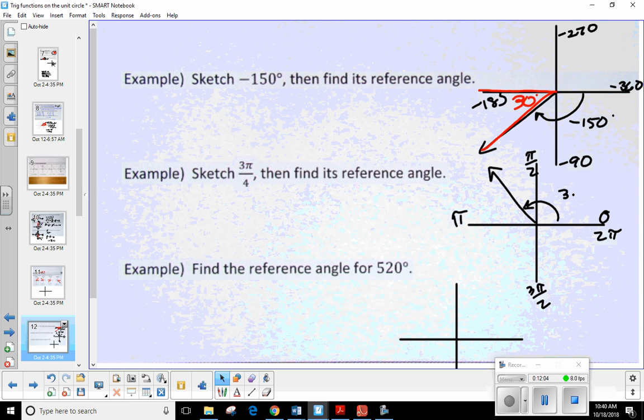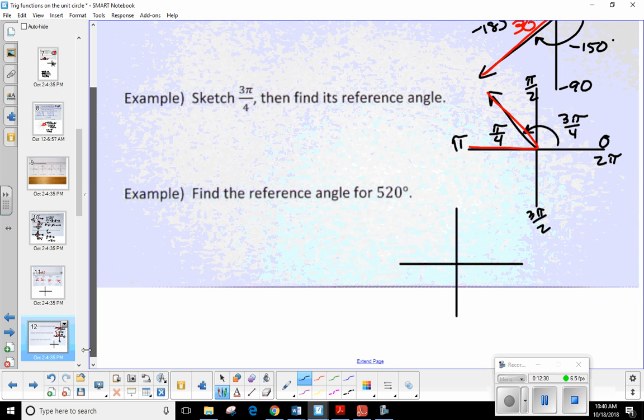This right here is 3/4 pi. Where that angle stops and the closest x-axis, that's the reference angle. All I have to do is subtract. If I have 1 pi and I subtract 3/4 pi, I have 1/4 pi. So my reference angle would be pi over 4.